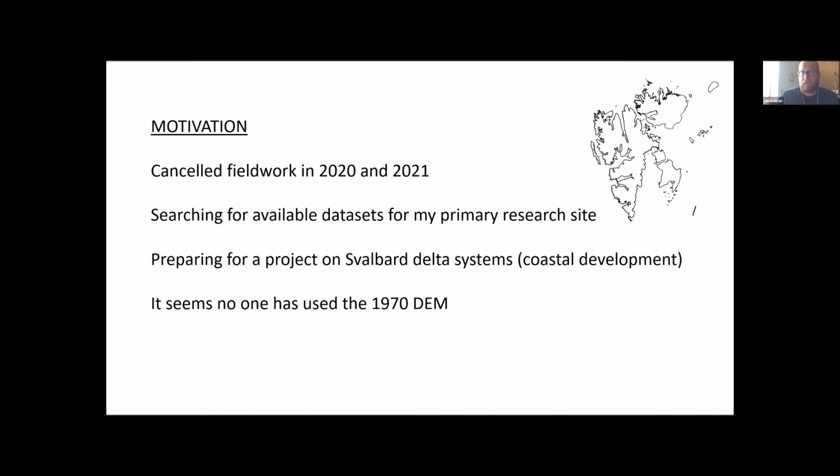And I was also searching for some available data for a project that is starting this autumn on the development of the coastal systems. And I found a very nice digital elevation model, which inspired me for this work. And apparently no one has used it, as far as I know.